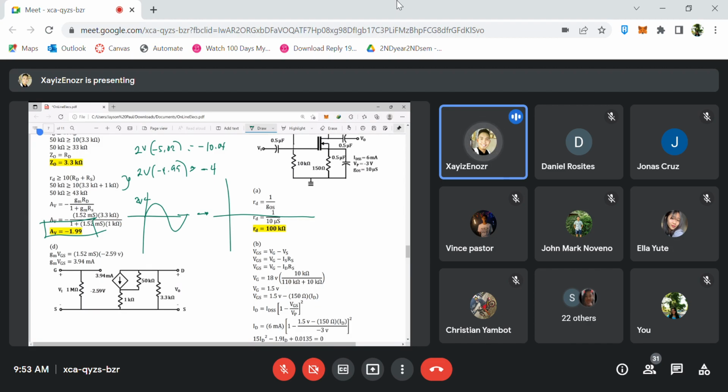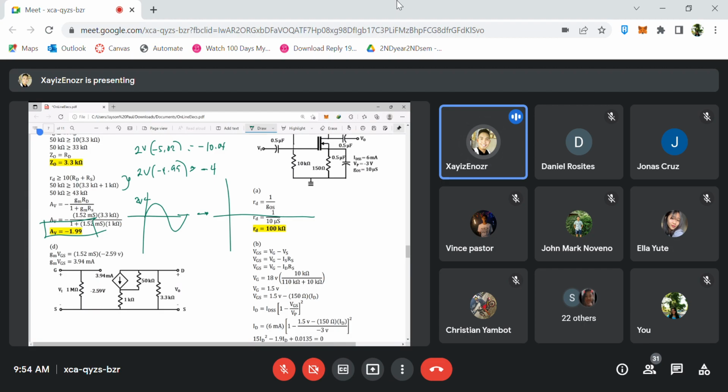Kasi baka sabihin nyo, di ba, sa mathematics, sa algebra, mas malaki yung negative 1.99 kaysa negative 5.02, which is tama naman. But dito, yung negative sign na yan is just simply signifies yung ating phase. Pag ganito yung phase ng ating input, ang magiging output niya is negative 10.04. Therefore, magiging 180 degrees out of phase.